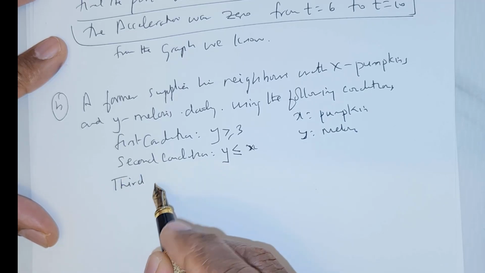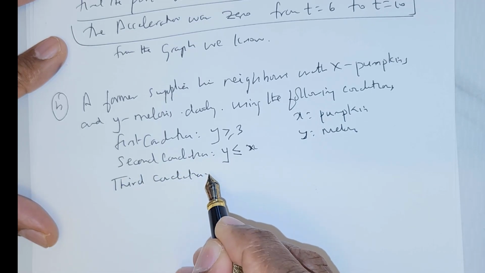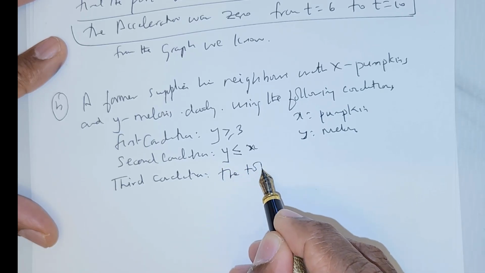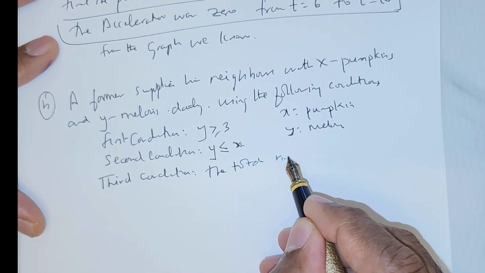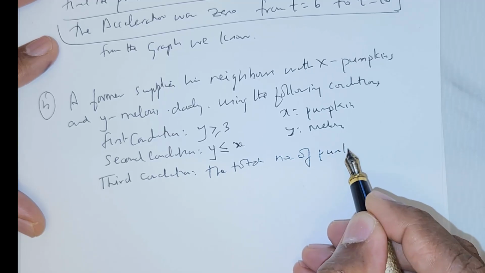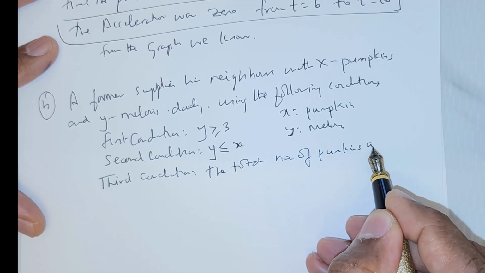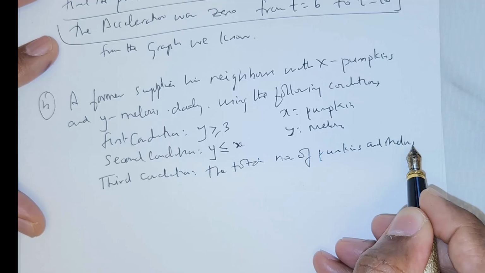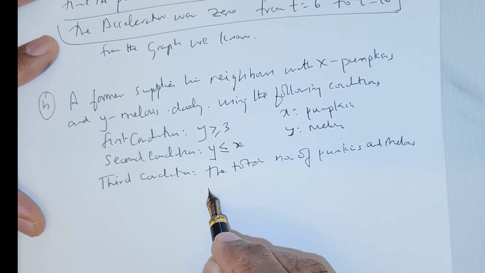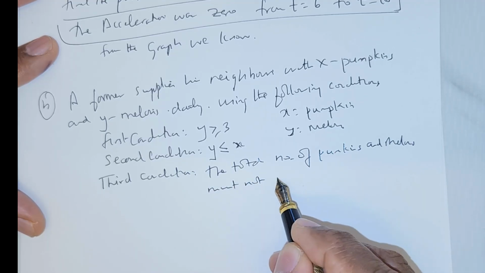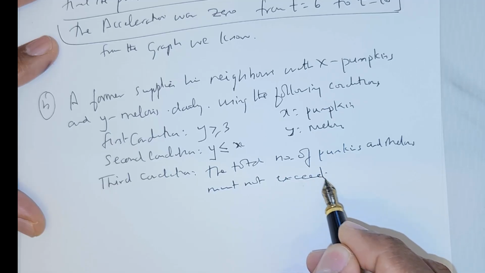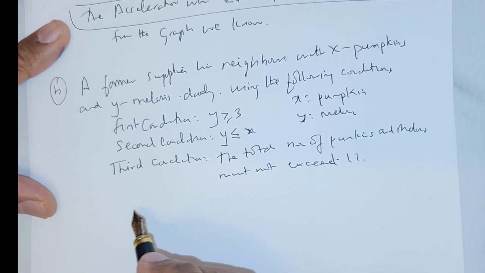This is the third condition. Third condition is the total number of pumpkins and melons must not exceed 12.